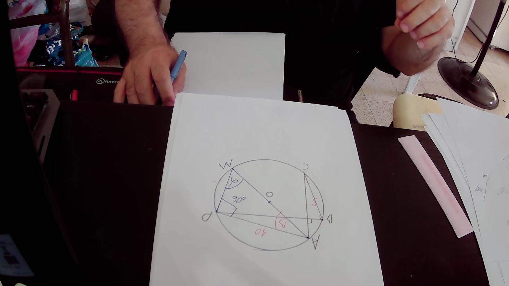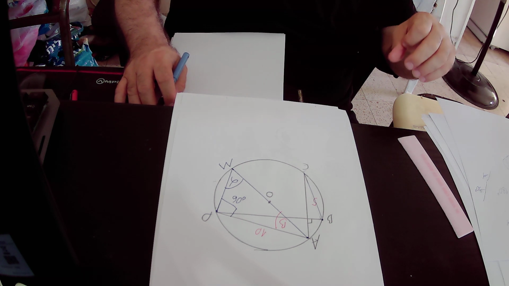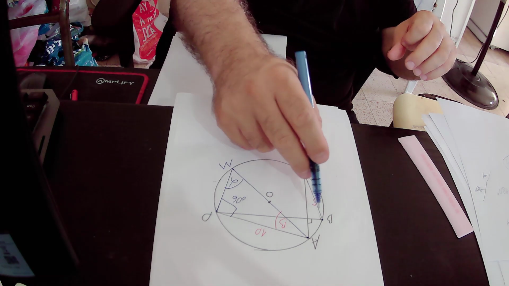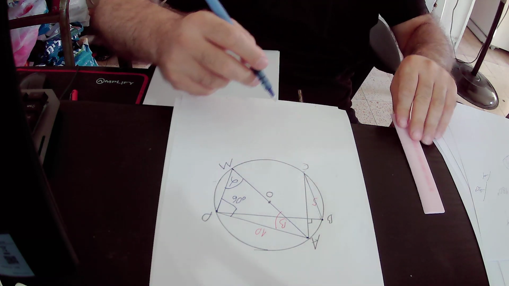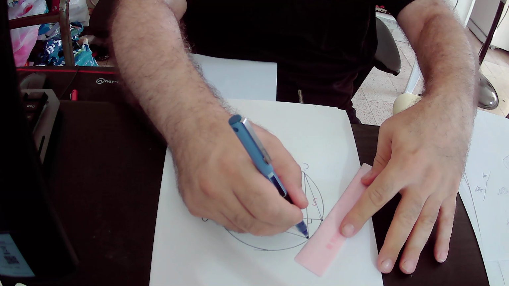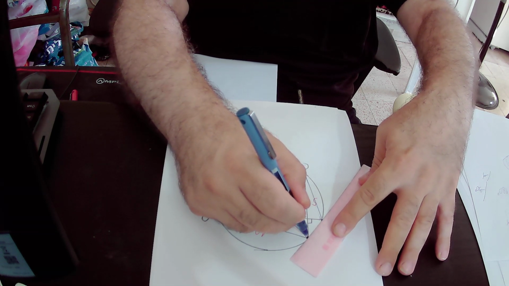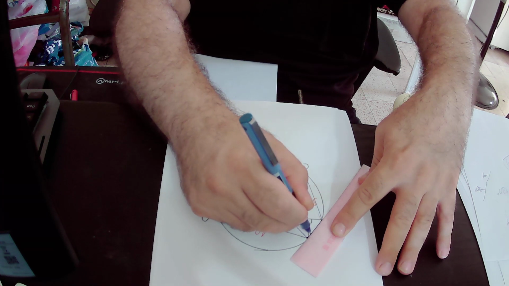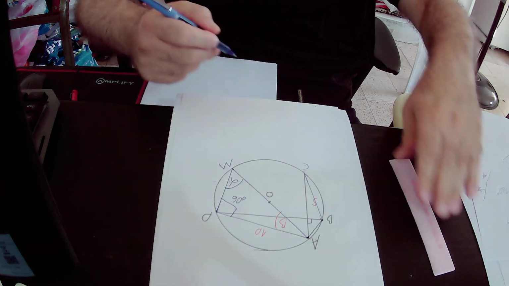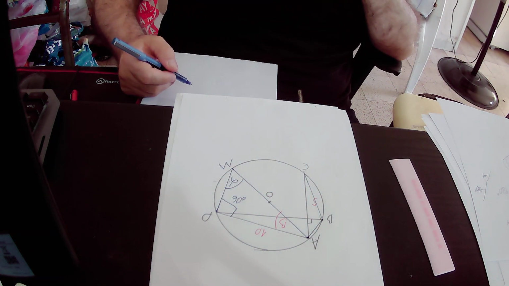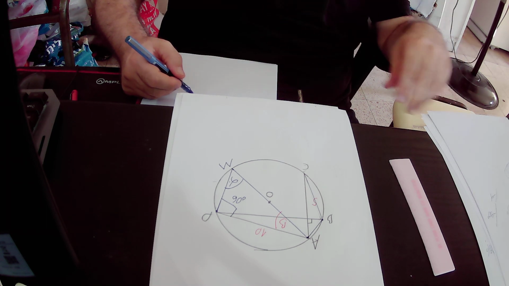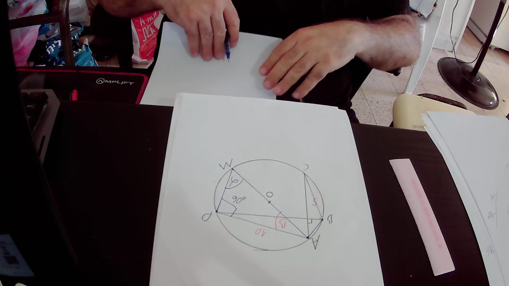In the next step, we will connect together points A and B by a straight line. We have rule number 2.